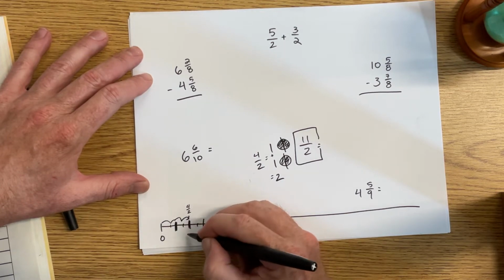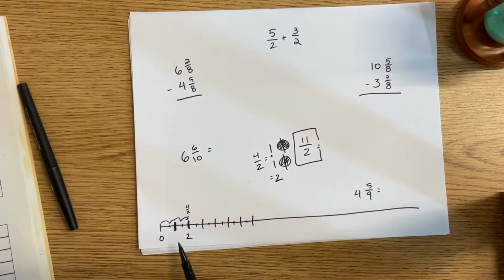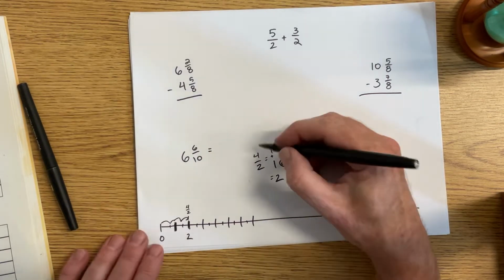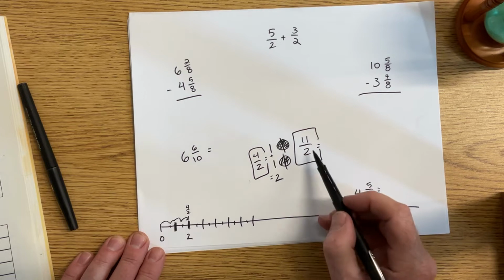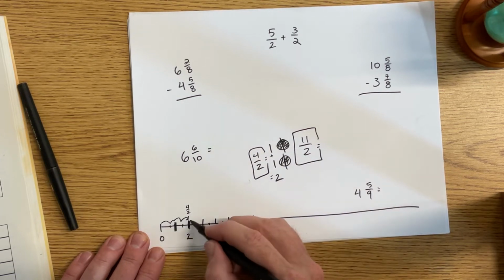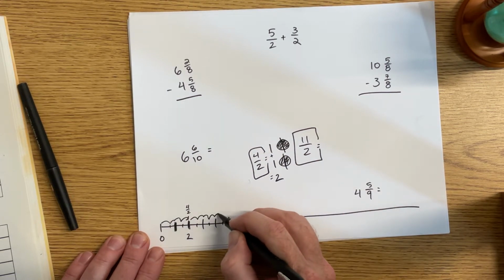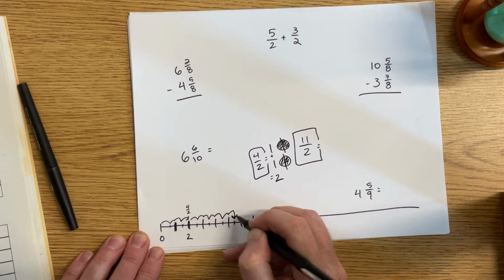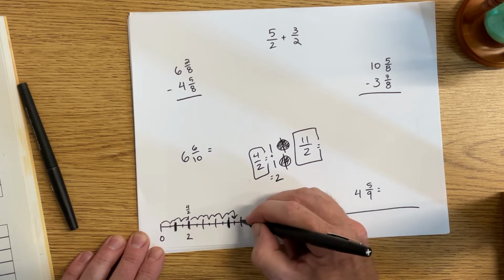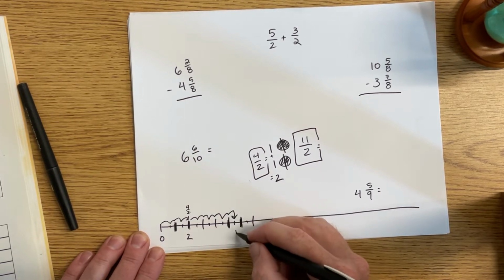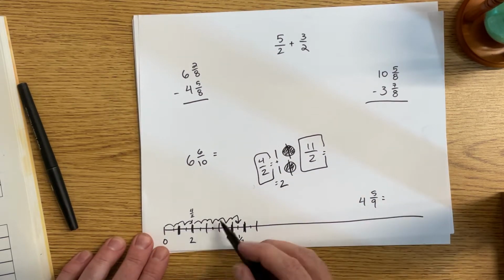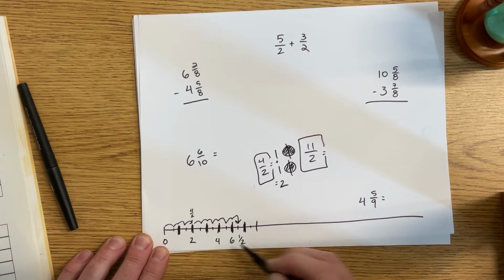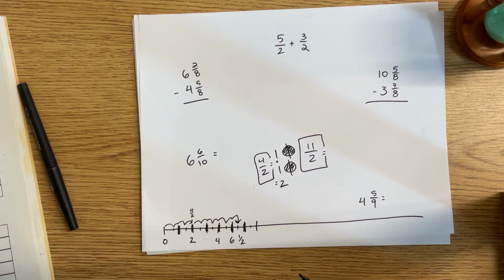This is 2 halves, that's 2. So 4 halves is the same as 2. Now to get 11, you have to keep going. 4, 5, 6, 7, 8, 9, 10, 11. As you can see, it's in between 2 whole numbers, so it's going to be something and a half. So 1, 2, 3, 4, 5, 6. 6 and a half.